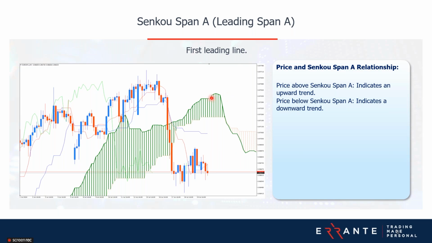You see, I bolded Senkou Span again here. During the uptrend, we expect the price to move above the Senkou Span A, and during the downtrend, or when we see a shift in market momentum or market sentiment, we have this cross below the Senkou Span A.